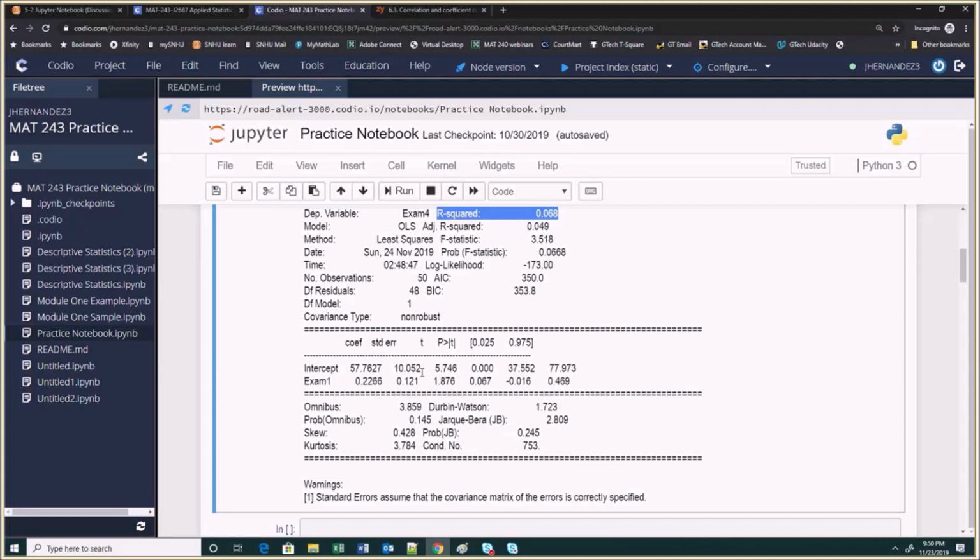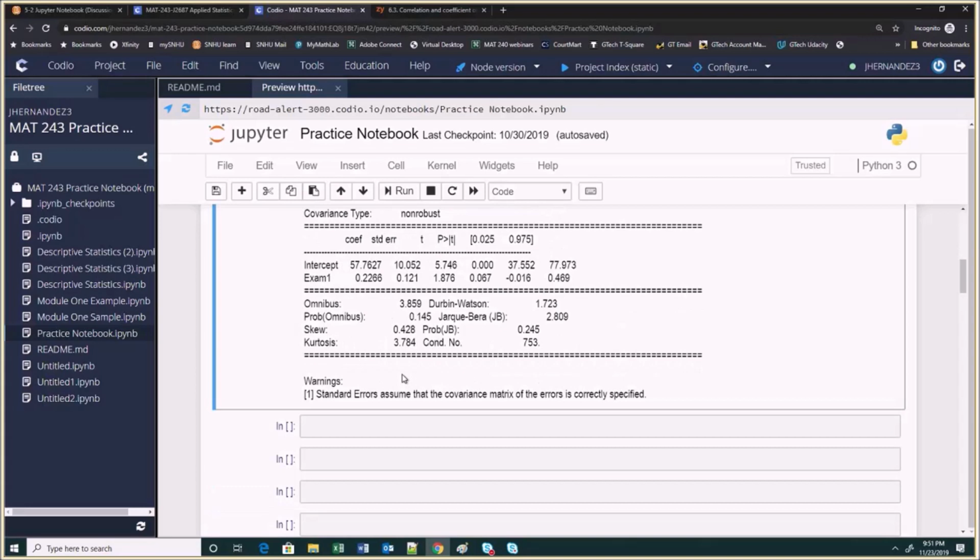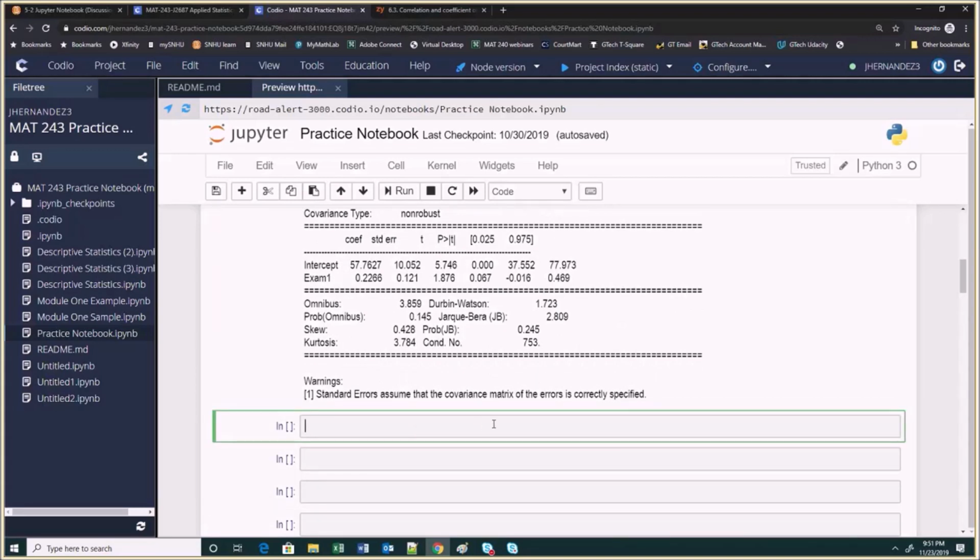That is correct. So if we were to write the relationship, it would be exam 4 equals 57.7627 plus 0.2266 exam 1.